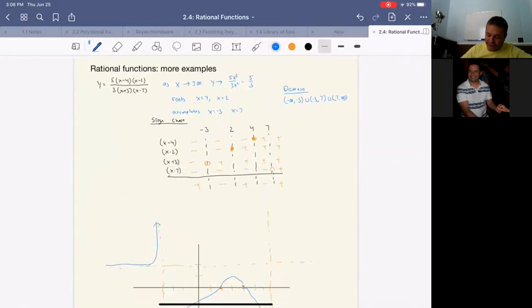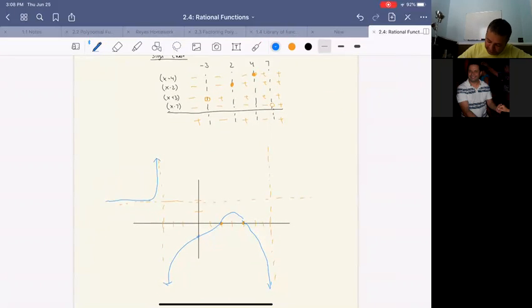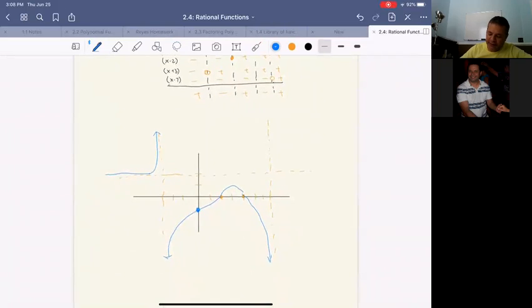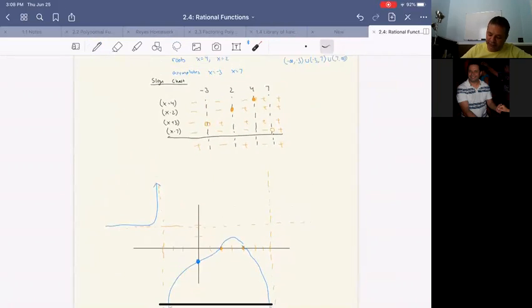You could actually find this point as well, which we will in a minute. And then after 7, it's positive. So it's going to be looking just like that.